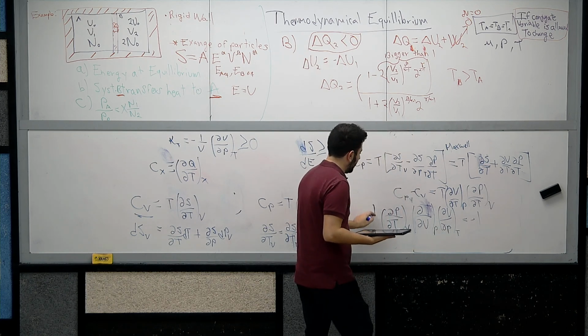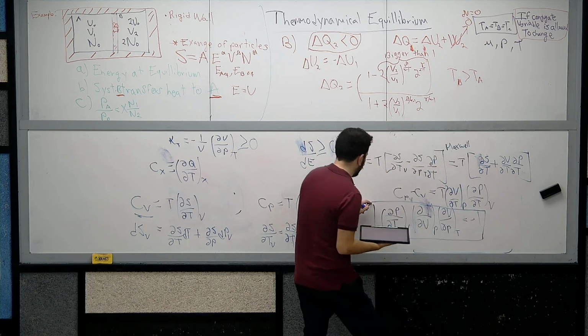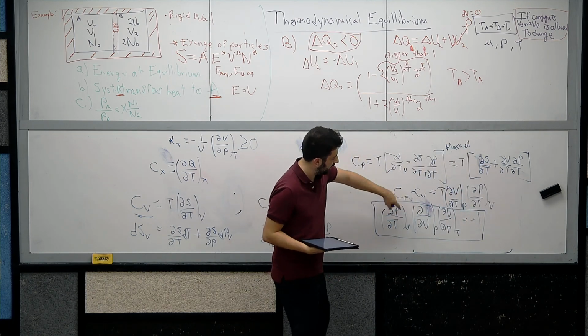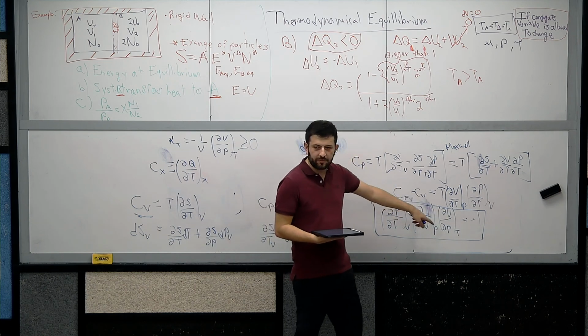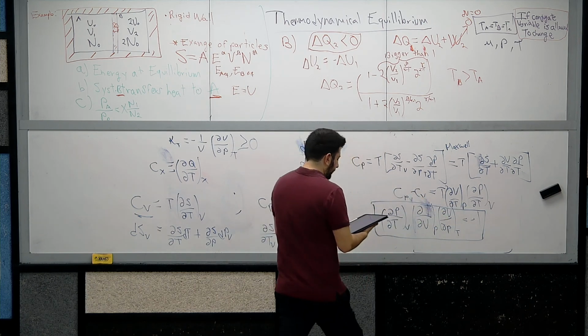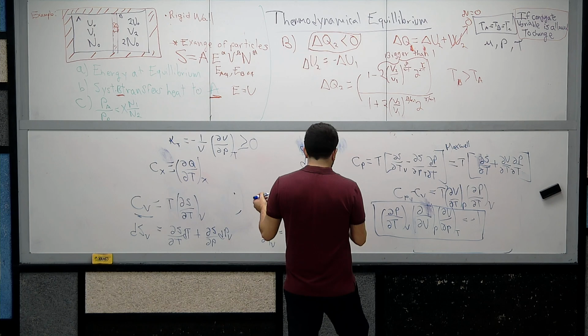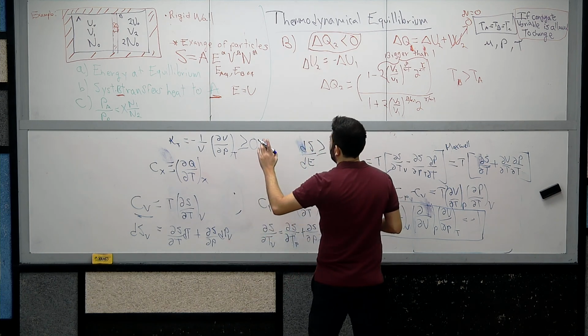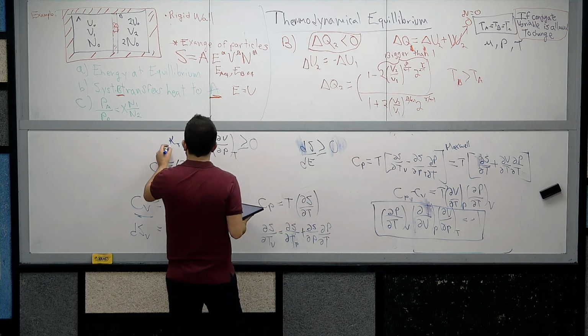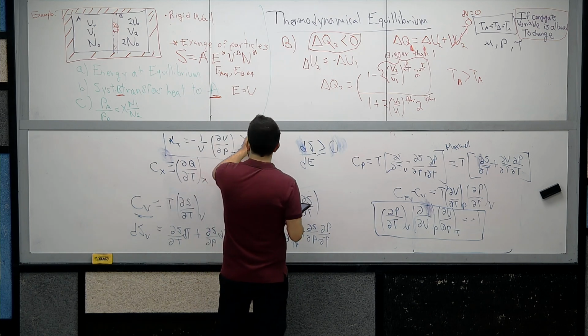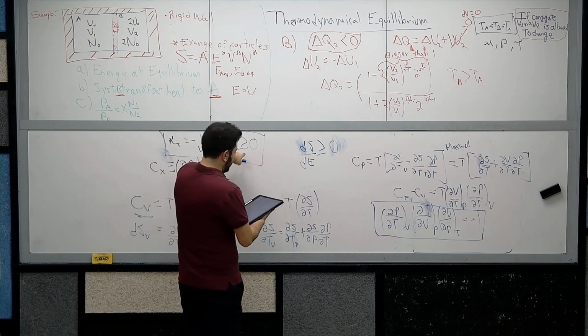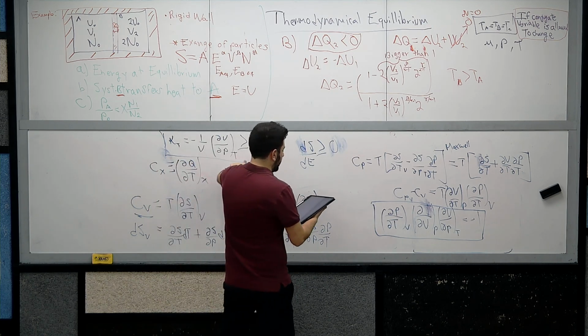So this is a relation from multivariable calculus that if you take the cyclic derivative, you get minus 1, right? And we now use the definition of the compressibility, that it must hold to be bigger than 0.